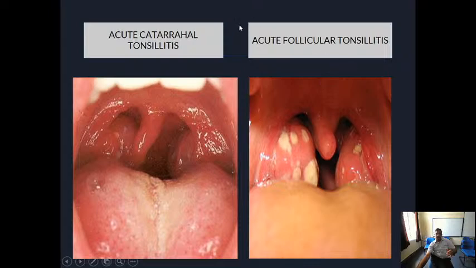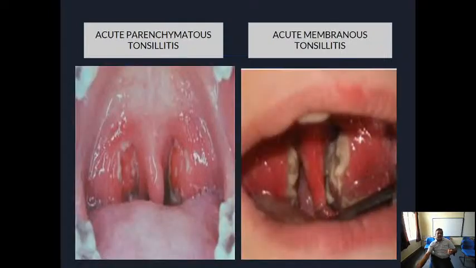And you have another variety which is called acute follicular tonsillitis, where the follicles are seen, where from the crypts the pus comes out, that is the follicular tonsillitis. And you have the parenchymatous tonsillitis, where the entire tonsil tissue is enlarged.